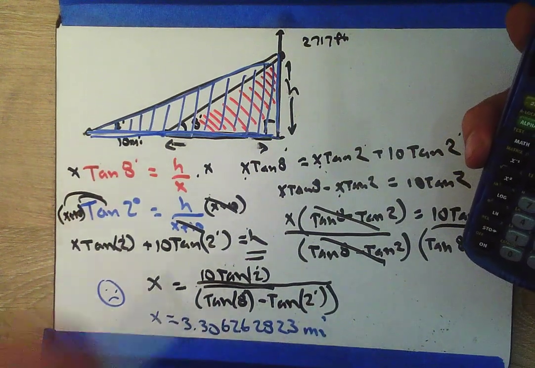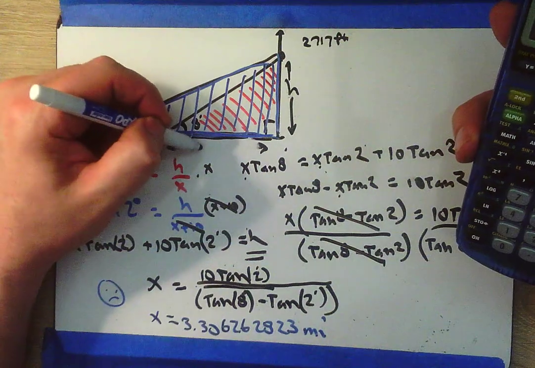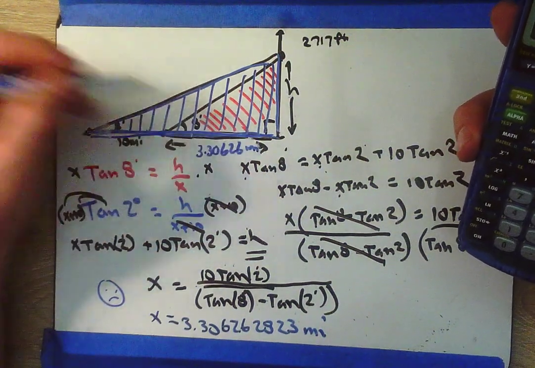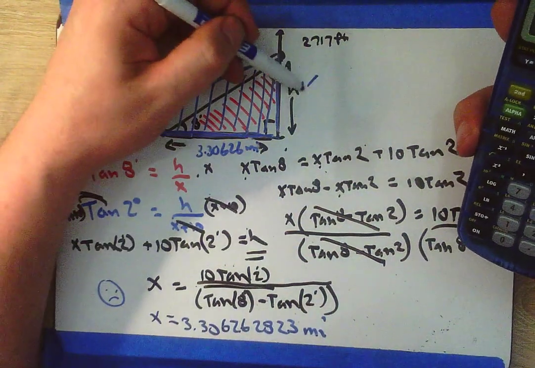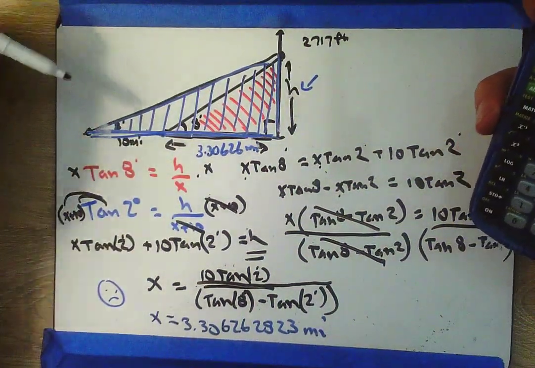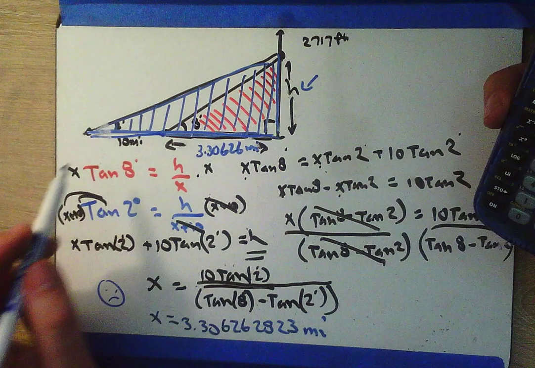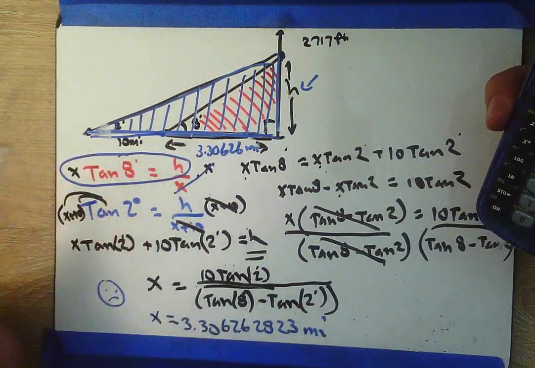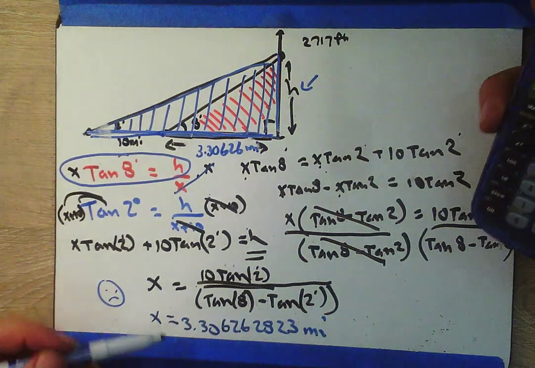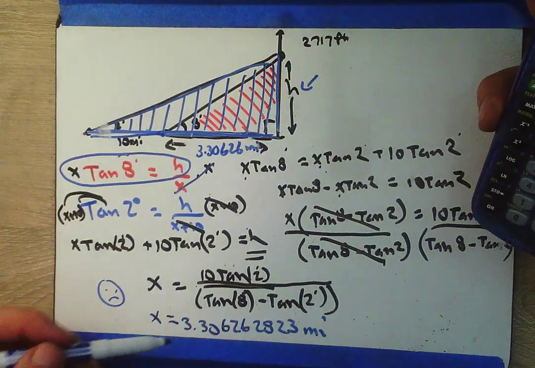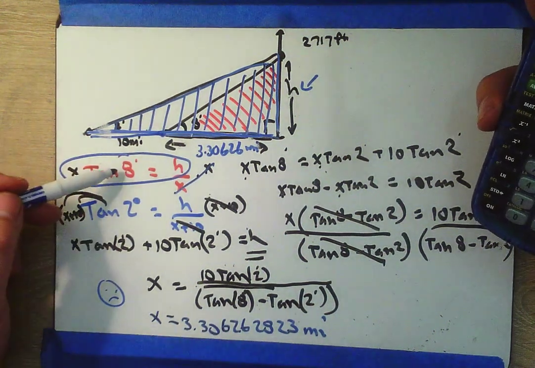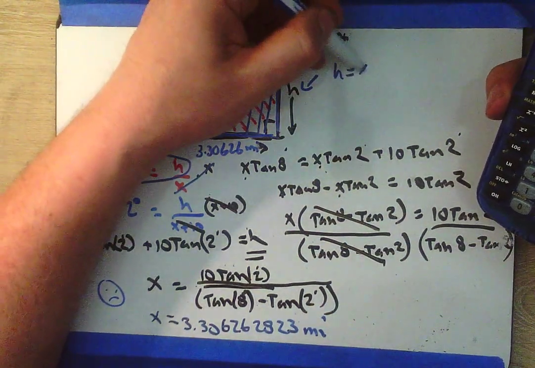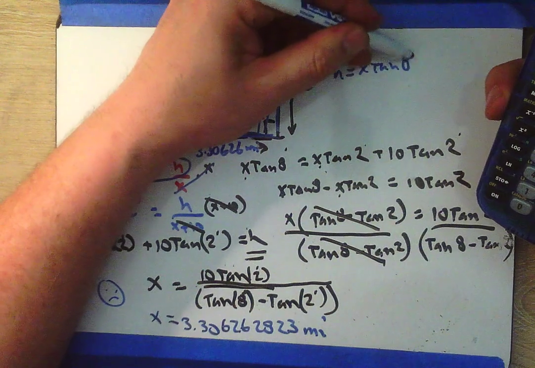Okay, now we just found x was 3.30626 miles. But remember, we're looking for h. Don't forget, though, you have this nifty equation called h equals x tan 8. We just found x, so if we multiply our x times the tangent of 8, that will give us the height. h equals x tan 8.